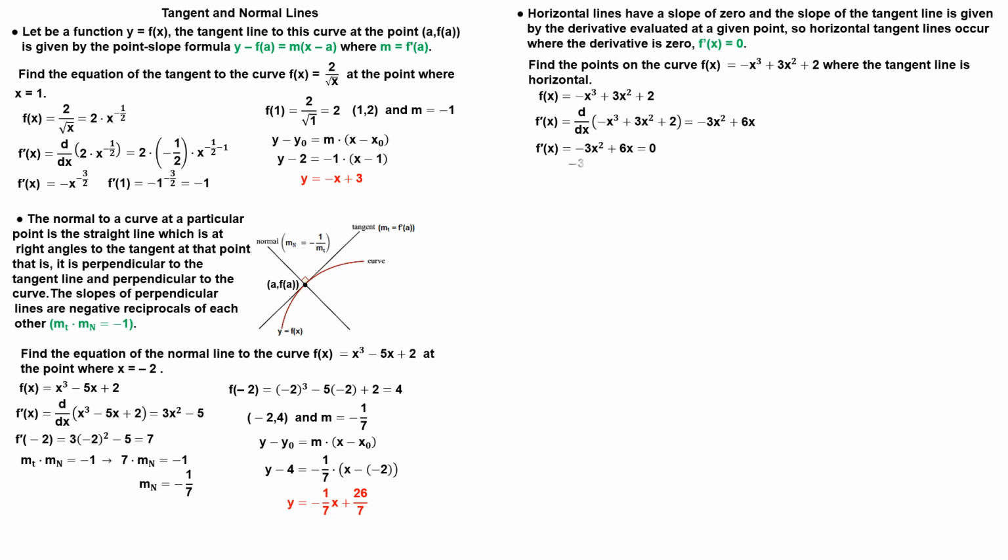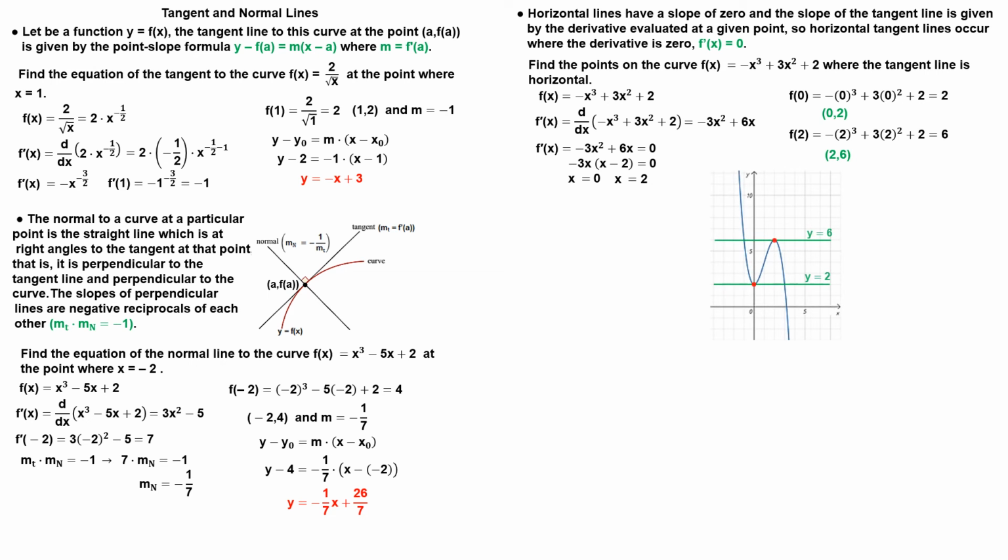We can proceed by factoring the polynomial. So the roots are 0 and 2. Then we find the corresponding y value in the original equation to determine the 2 points where the line tangent to f of x is horizontal. Finally, check with the graph to see if your answer is reasonable.